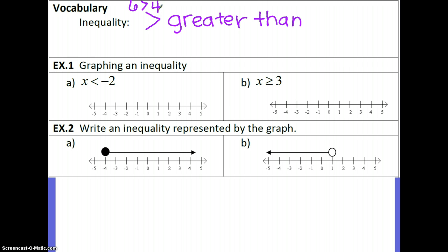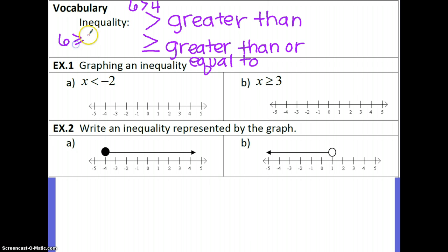Another symbol you would have is greater than or equal to. For instance, 6 is greater than or equal to 4 because it is greater.